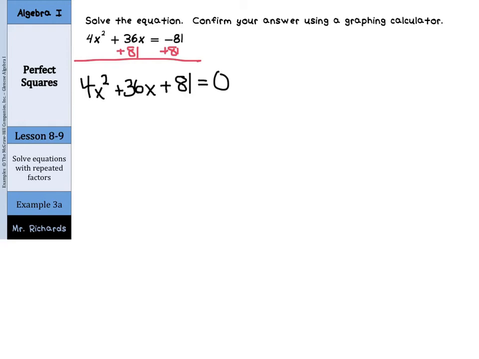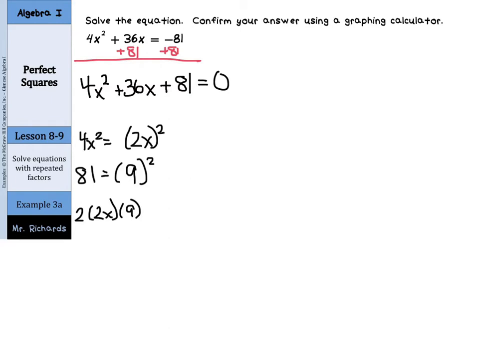Can I write 4x squared as a perfect square? Well, yeah, that is 2x squared. And for the 81, that's simply 9 squared. Then I need to check, is 2 times 2x times 9 equal to 36x?